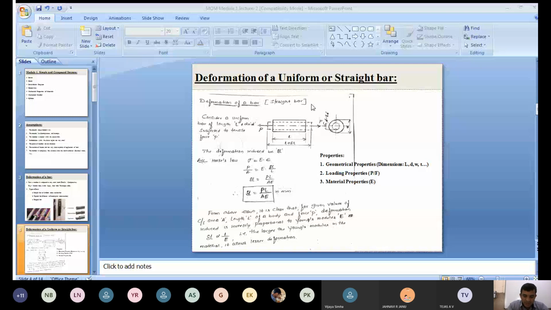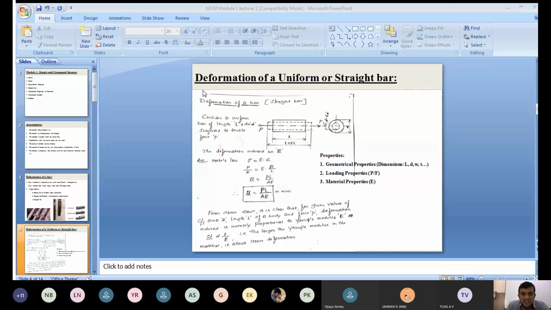That is what we study in engineering graphics: front view, side view, top view, how the object looks in solids. I think in solids you studied projections of solids. The same thing is applied here. This is a front view of the bar, and this is a side view.